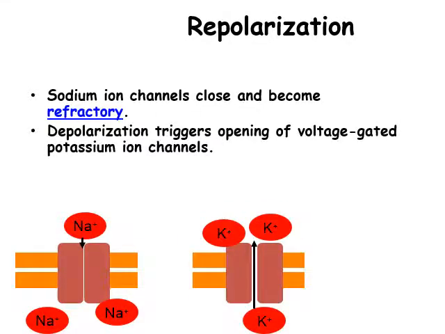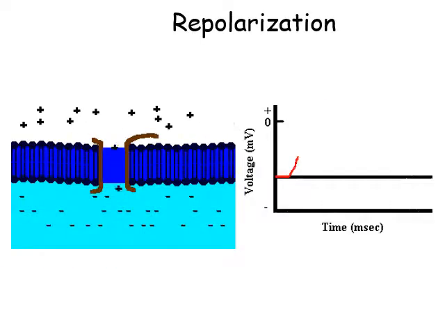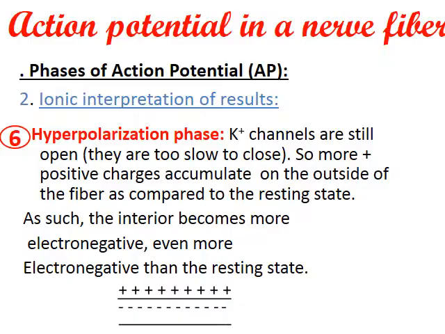Depolarization triggers the opening of voltage-gated potassium ion channels. K plus rushes out of the cell, repolarizing and then hyperpolarizing the membrane. This is the repolarization, when it comes back toward negativity.